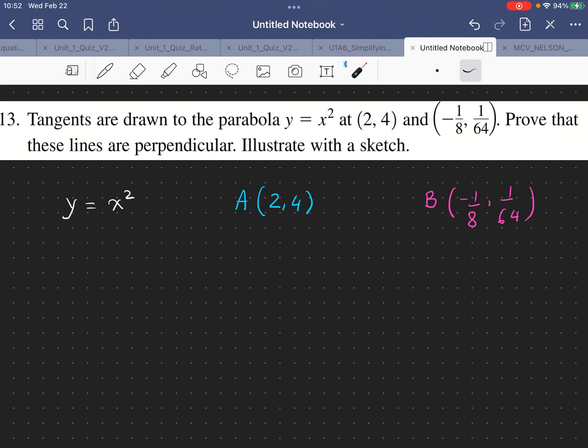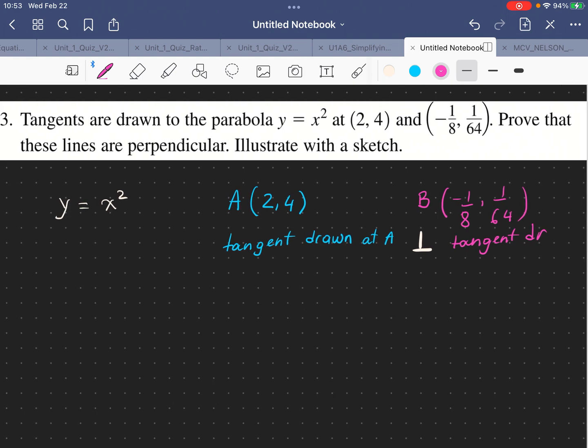Now, provided the lines are perpendicular, so the lines we're talking about are the tangent drawn at (2, 4) and the tangent drawn at (negative 1 over 8, 1/64). So we're going to say that the tangent drawn at A, remember A is a point on the parabola, would be perpendicular to the tangent drawn at B. So if you want to prove that 2 lines are perpendicular to each other, what do we have to do?